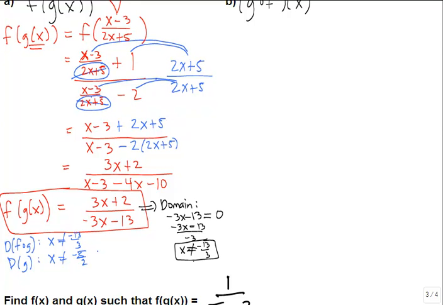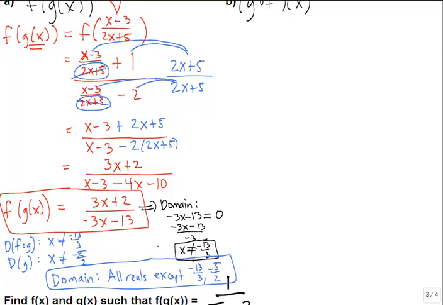So the domain of our final answer here is going to be all reals. If you want to write it out in words, you can. All reals except these two bad points, negative 13/3 and negative 5/2. So we just want to exclude both of those from our domain.